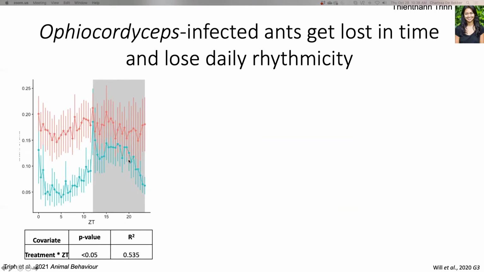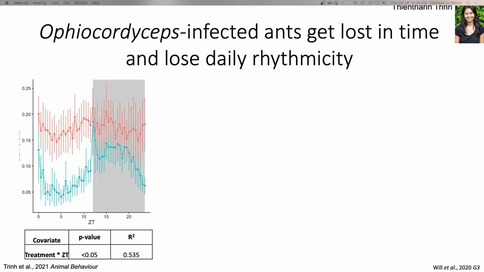In this case, what we recorded was foraging behavior, so leaving the nest to do all sorts of things, including foraging activity, because these infected individuals, what we also found in that study is that they're not that great at foraging anymore. They actually pretty aimlessly run around the setup.